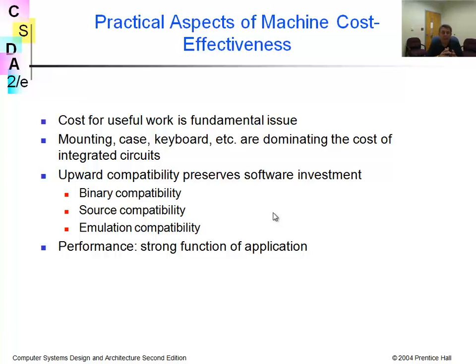Okay, how much? It's important that I know for any extra dollar that I spent, how much more work I get. And the way we calculate that is really through performance analysis to see how much better a system performs for the extra dollar that I spent.